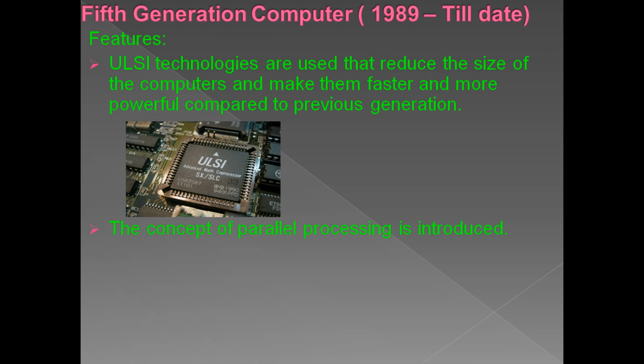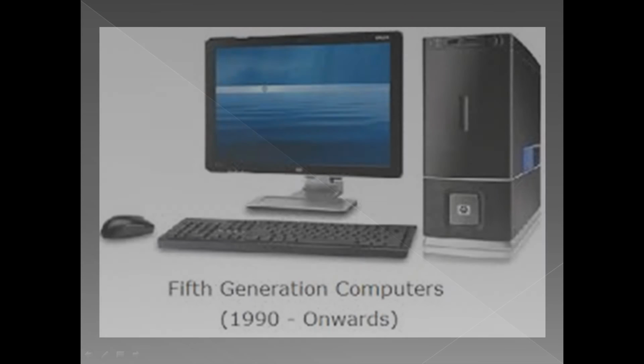So doing all the processing at the same time is known as parallel processing. Internet is used for various purposes. Computers like laptops, pocket computers, etc. are developed. So this is the image of the fifth generation that we see nowadays.